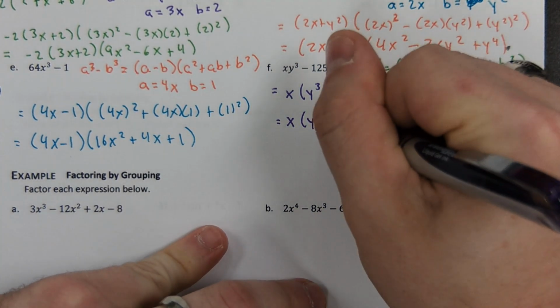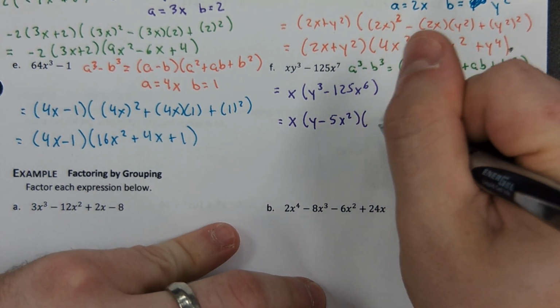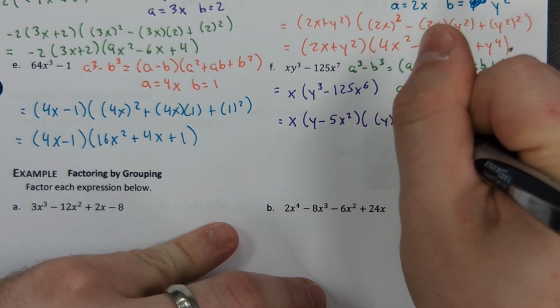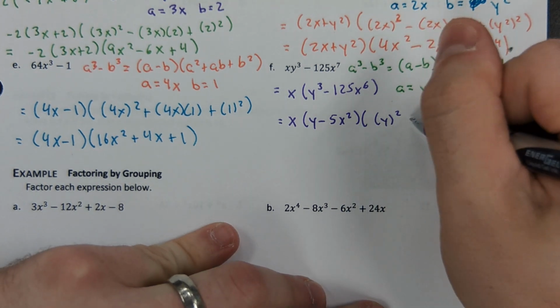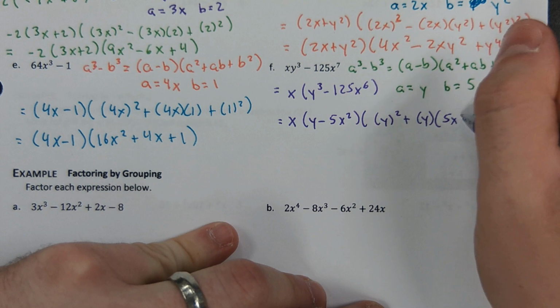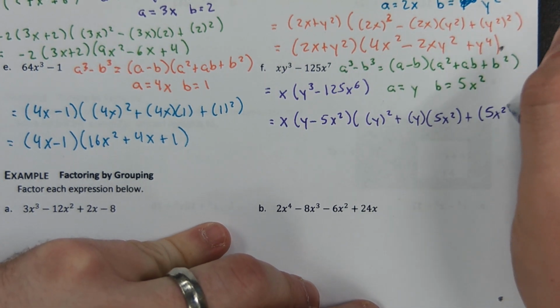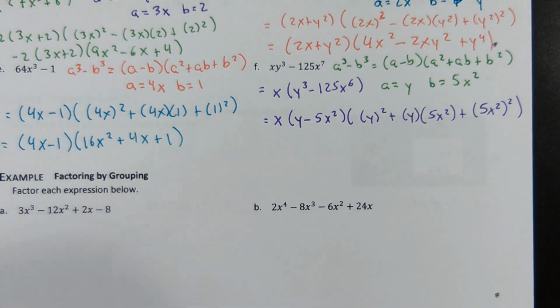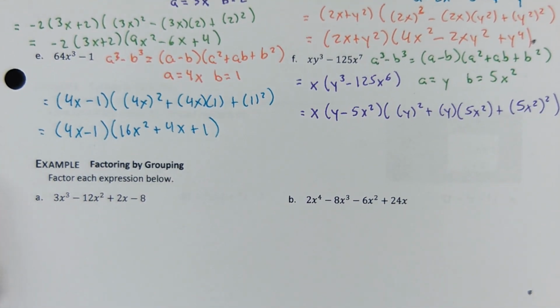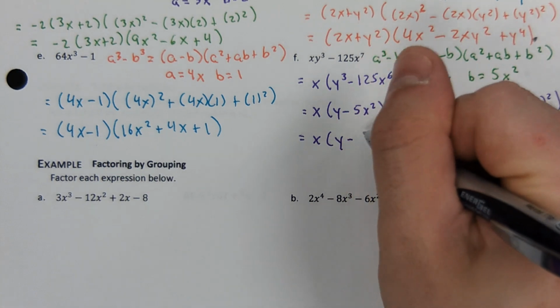Alrighty, our a minus b is going to be y minus 5x squared. Boom. Then we've got our a squared plus our a times our b plus our b quantity squared. GCF.